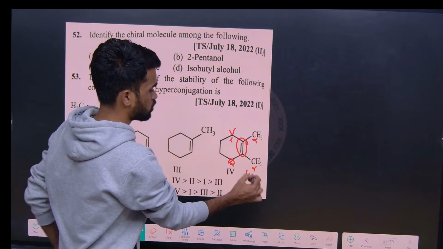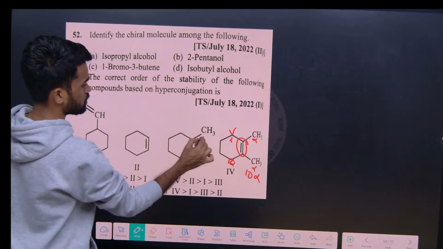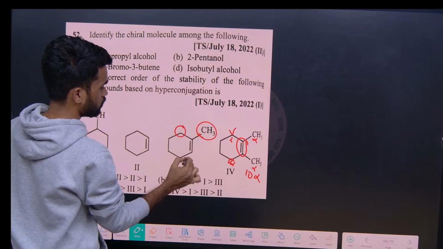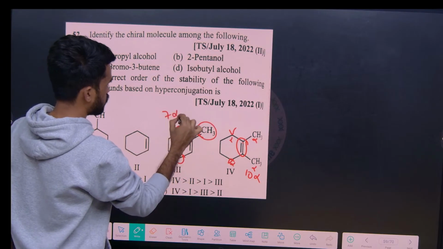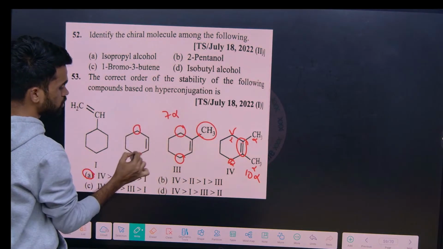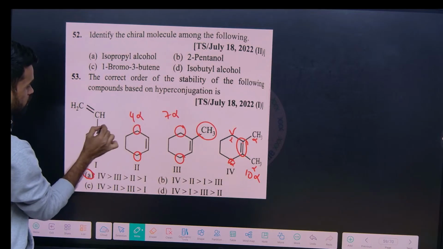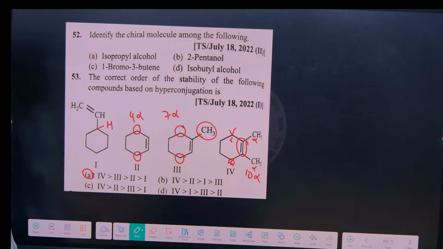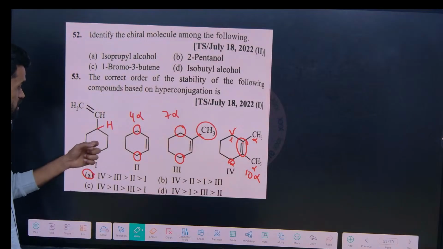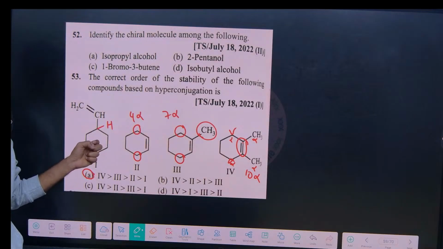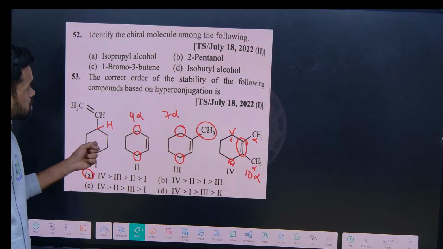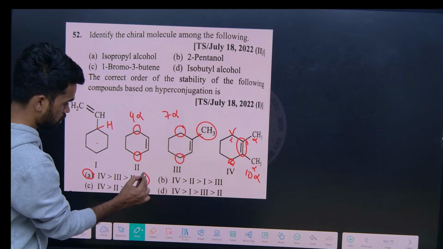So 10 alpha hydrogens here, and this one 3, 4, 5, 6, 7. 7 alpha hydrogens here, 1, 2, 3, 4. 4 alpha hydrogens here. To this only 1 alpha hydrogen. So where do we have the least number of alpha hydrogens? First option. So therefore it will be least stable.